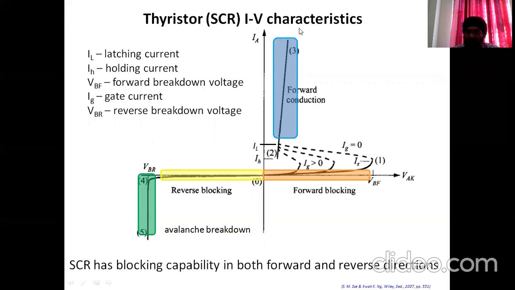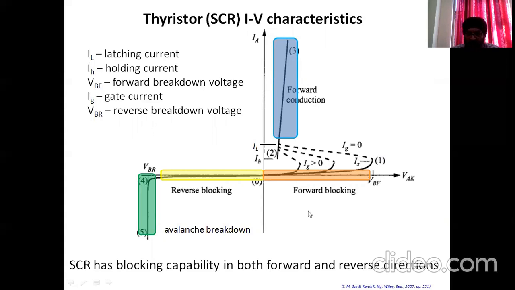The current starts to conduct and shoots up. But it can permanently damage the device because junction J2 is actually going through an avalanche breakdown.